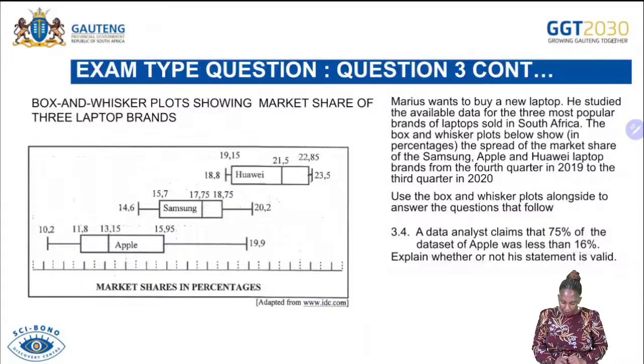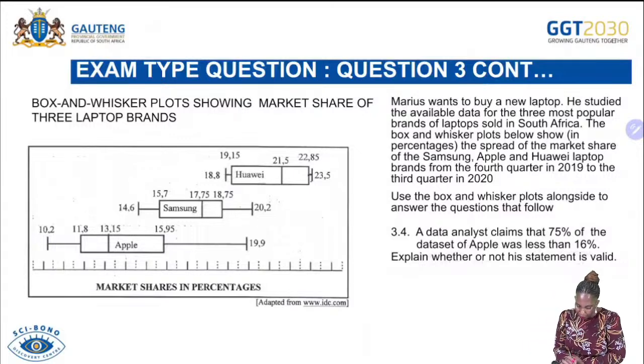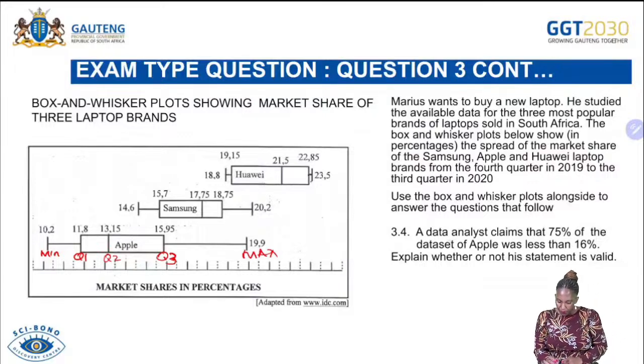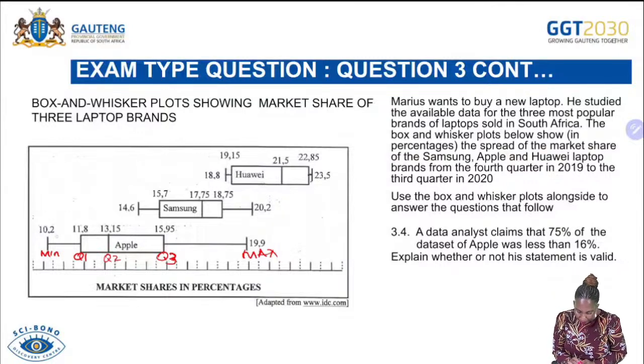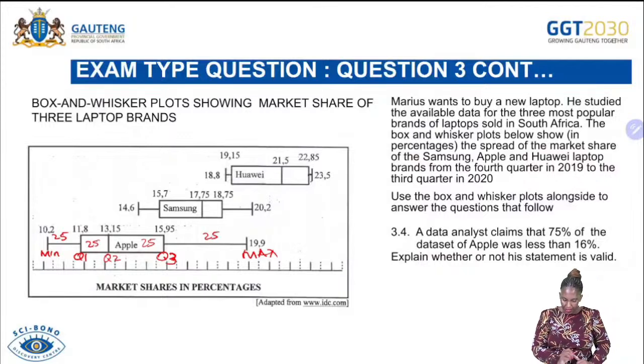Now we go to the Apple laptop. Now let's have a look. We said here this will be our minimum, this will be our Q1, our Q2, our Q3, and then our max. When you look at this now, we said each is 25%. Don't forget, it's 25, 25, 25, 25%.